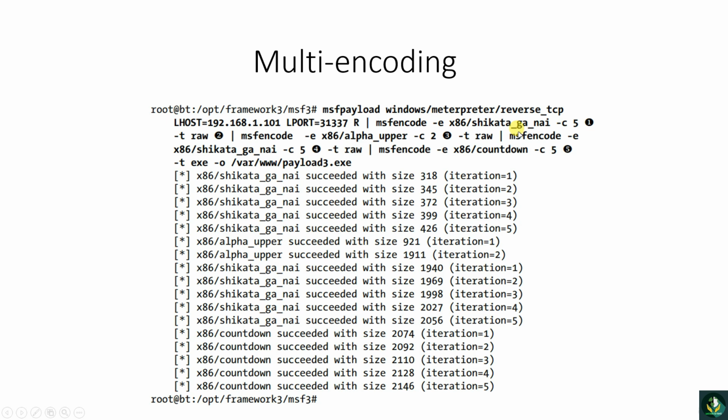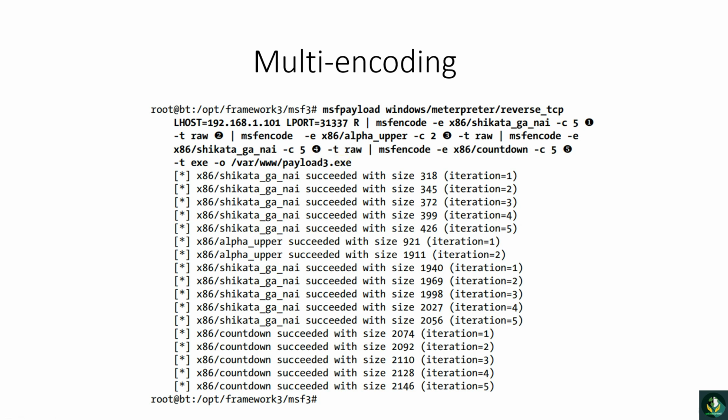So it goes into 2 counts of alpha upper, which then feeds another 5 counts of Shikata Ga Nai, followed by 5 counts of countdown encoding here, before finally directing the output to the desired executable format.